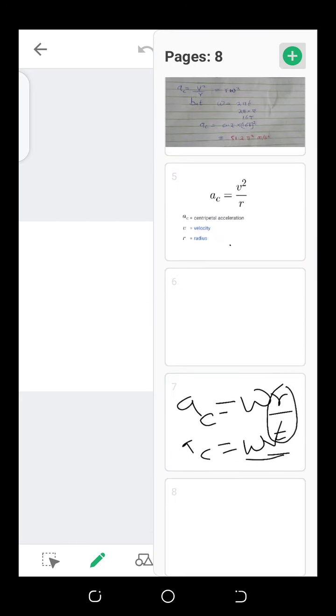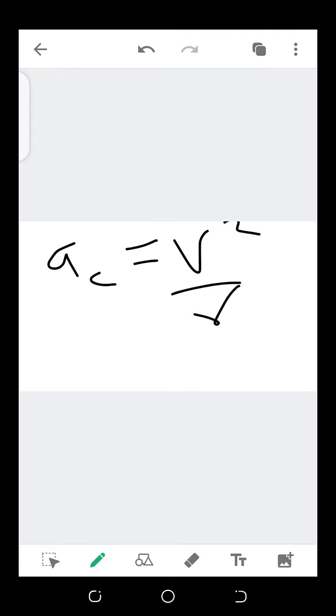So a_c equals v squared over r, but my v equals omega r, because omega is just v over r.